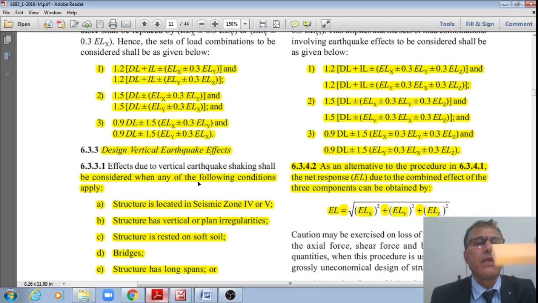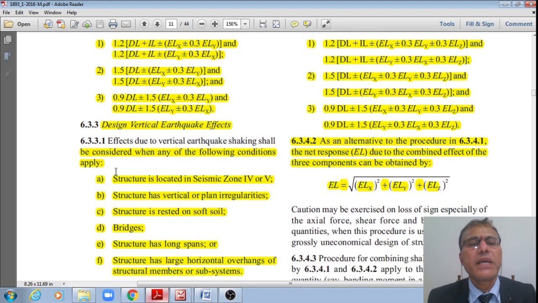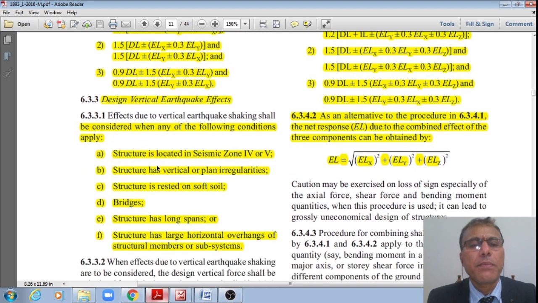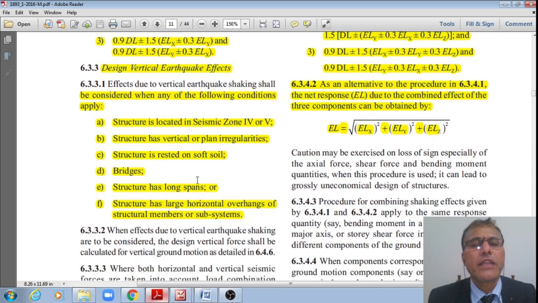Now the next one is the design vertical earthquake effects. However, it shall be considered when any one of the following conditions is applicable. One, the structure is located in seismic zone 4 or 5, and the structure has vertical or plan irregularities. The next one is the structure rests on soft soils.